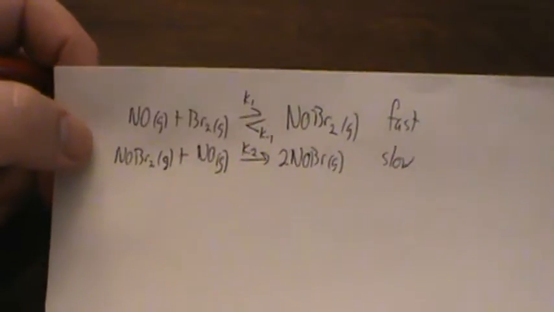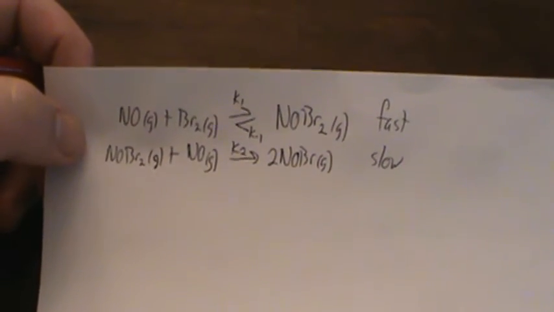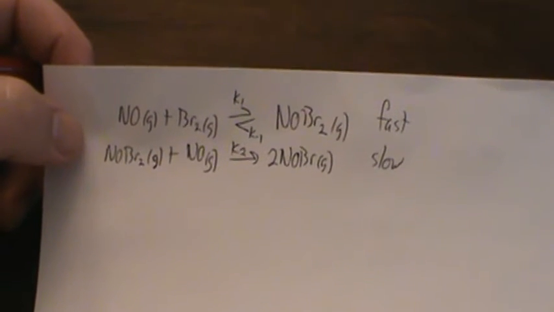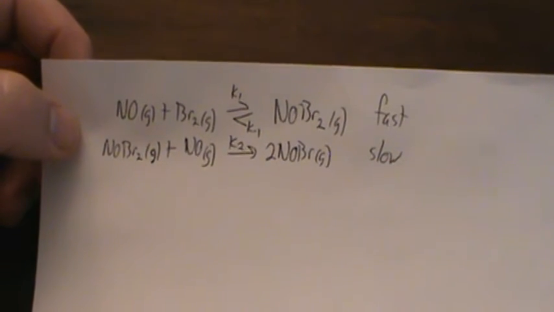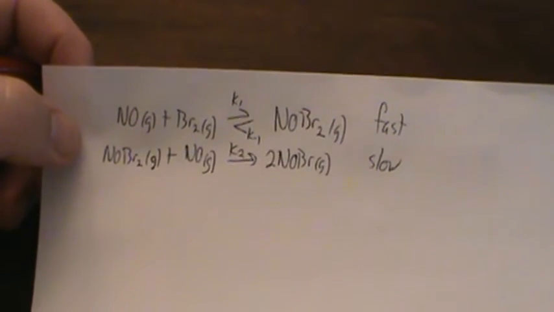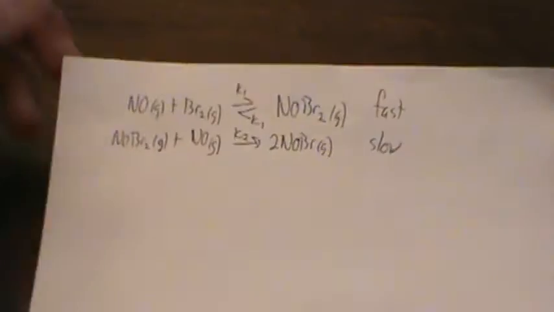Now, what if we had the slow reaction as the second reaction? Well, if that's the case, then the first reaction would be fast, true, but it would also be at equilibrium. Now if it's at equilibrium, then we have two K's. We have K1, which would be for the forward reaction, and K negative 1, which would be the reverse reaction.